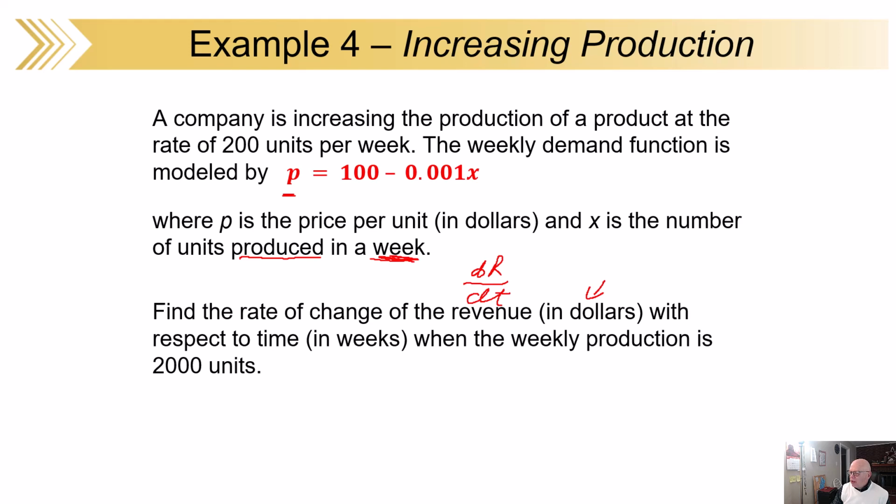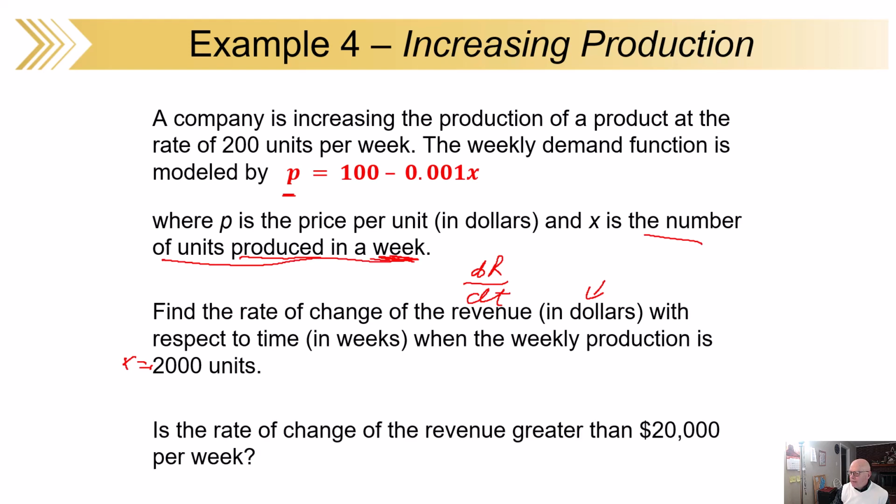And when the weekly production is 2,000 units, that would be the x, because we're talking about number of units in a week. And we've got a second question, but we're going to take care of that after we get the first one solved. Because once we get the first one, the rate of change of the revenue, then we can compare it to the 20,000 and answer that question.